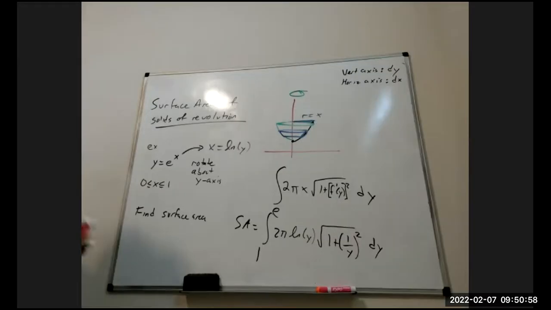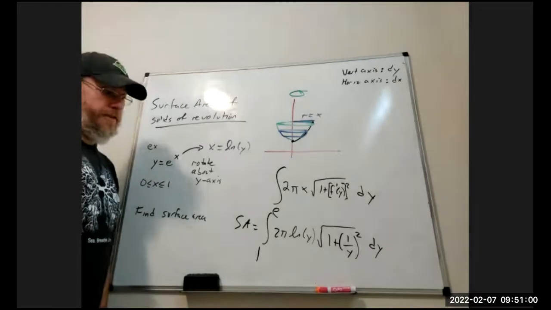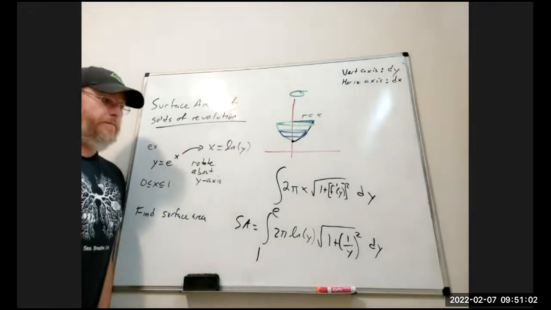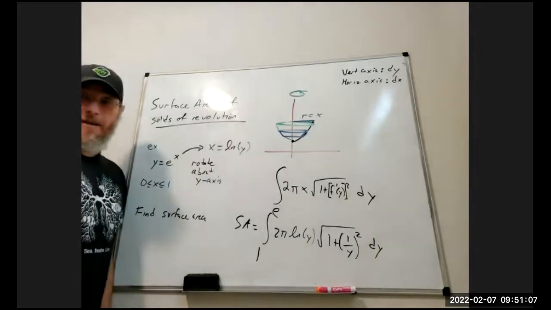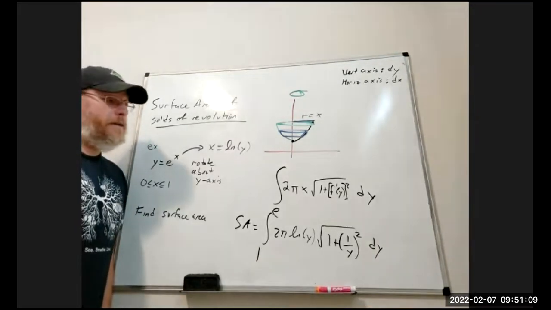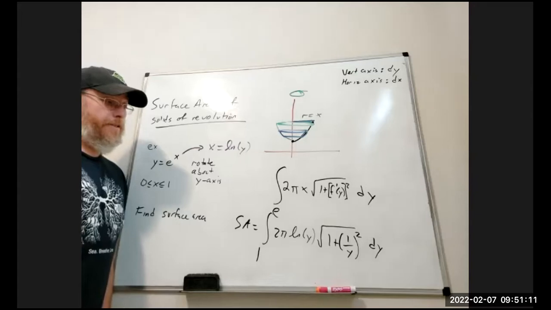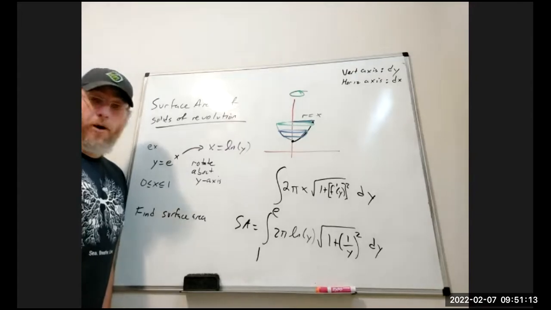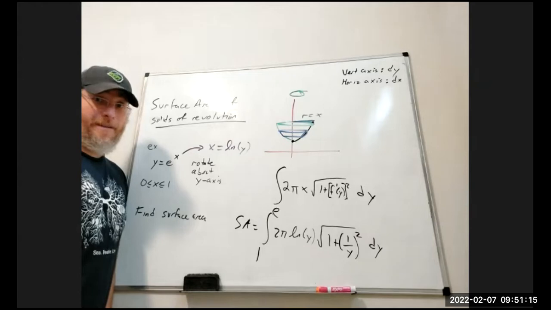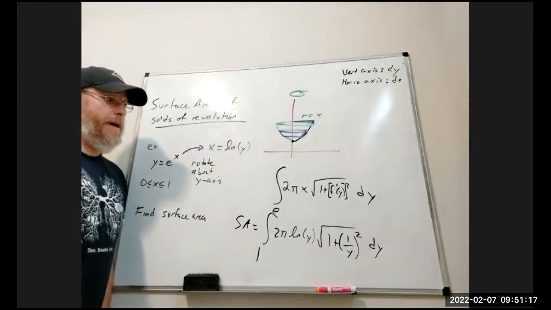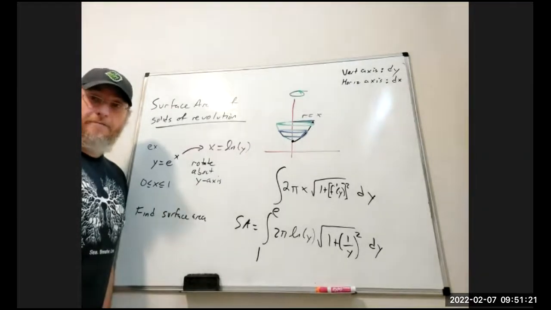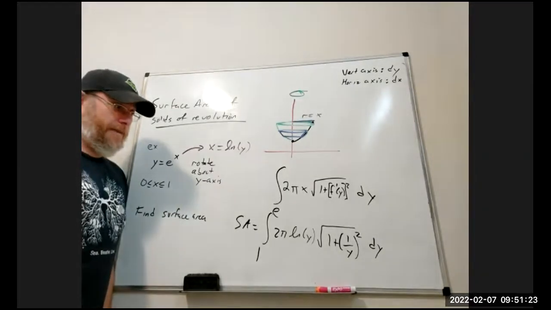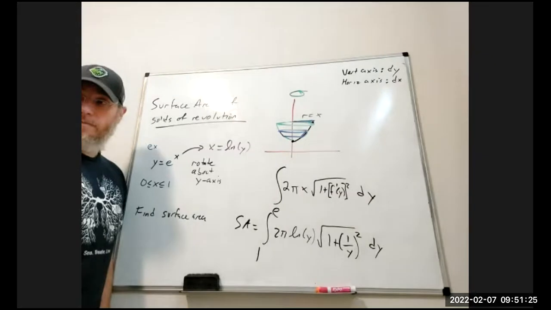All right, so there is the setup for this integral. And realize that this one's going to be really gnarly if we have to try to do it by hand. It's going to have to use what's called integration by parts, and then probably some other stuff in there. But Symbolab, T89, whatever, it'll do that without even thinking about it.